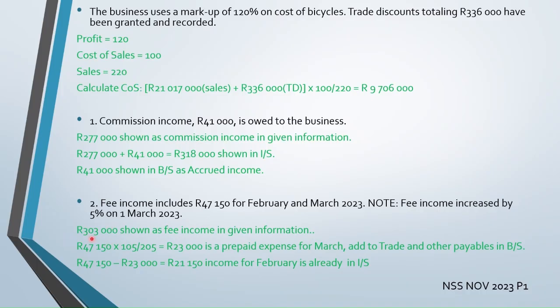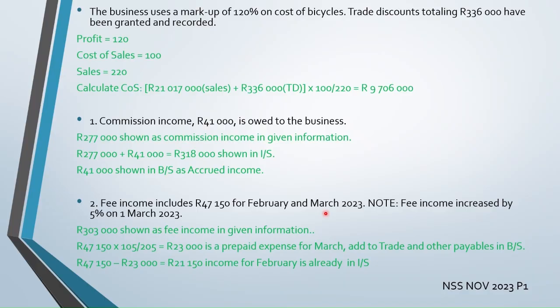So this figure is shown as fee income in the given information. So then you take the included amount of 47,150 times 105 divided by 205. So the February is 100% because that excludes the increased percentage.